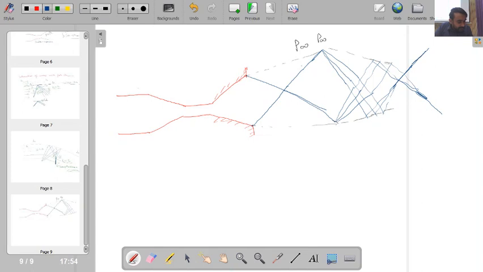Then this compression wave will further interact with this free stream. So what I will find is that I will have this type of structure behind the nozzle.